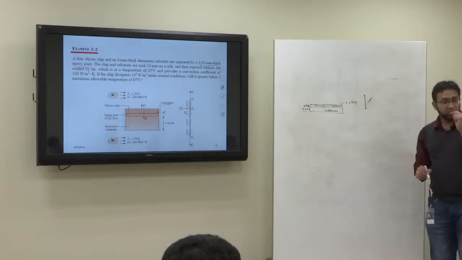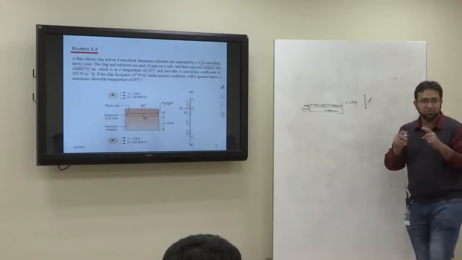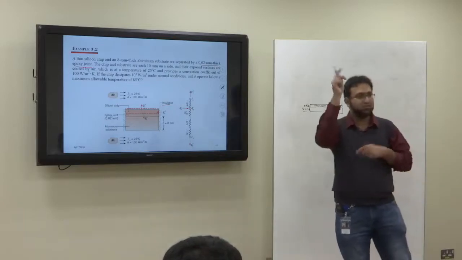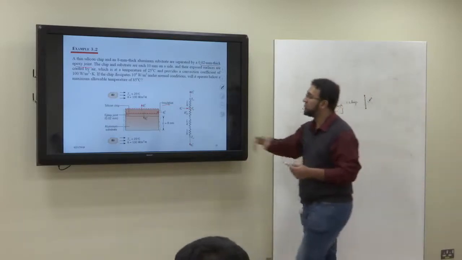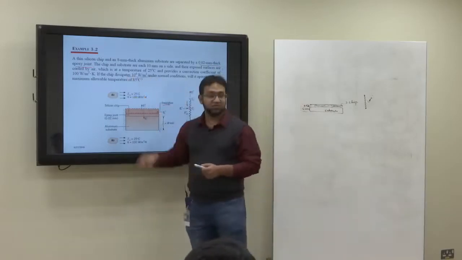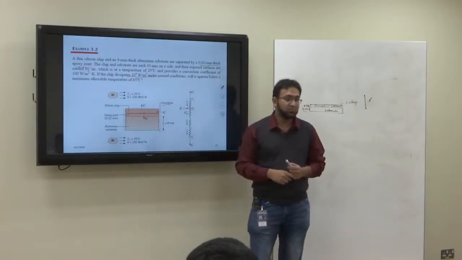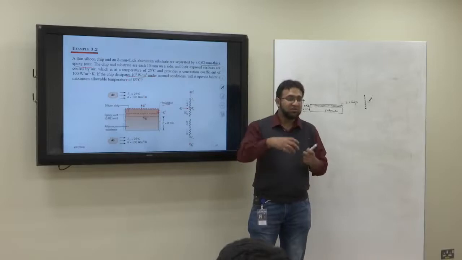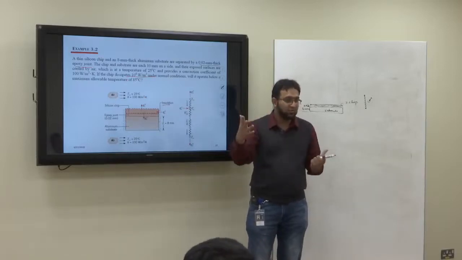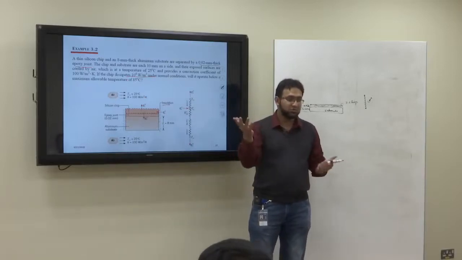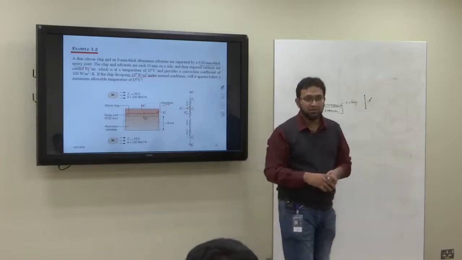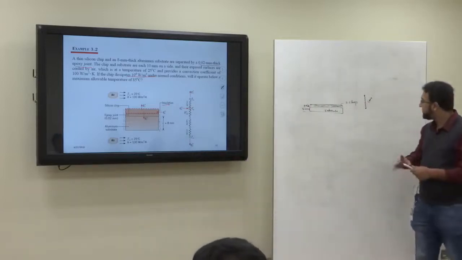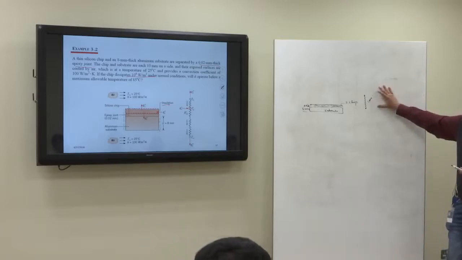Now below the chip, because there are two ways the heat can be lost, going up or going down. This chip is dissipating energy, and when this energy is taken out from the chip, it will be lost. But how will it go? It will go up and down. When it goes up, there is only one resistance, the convective resistance.